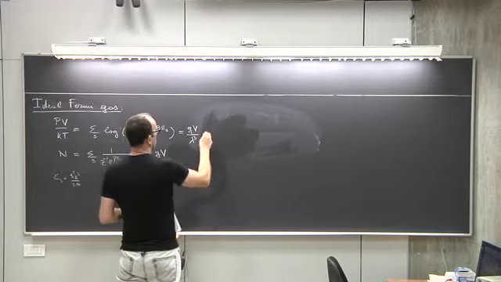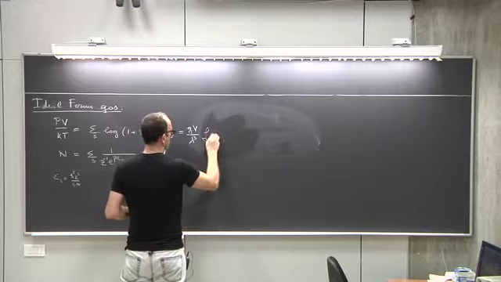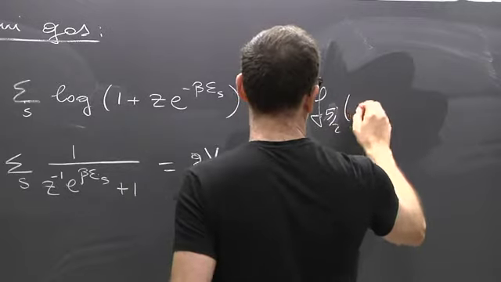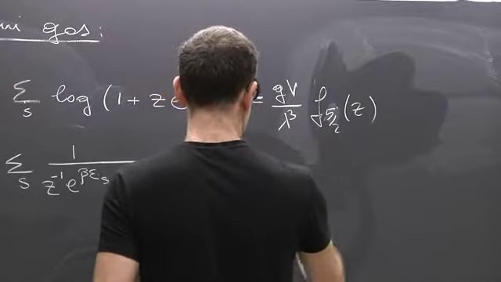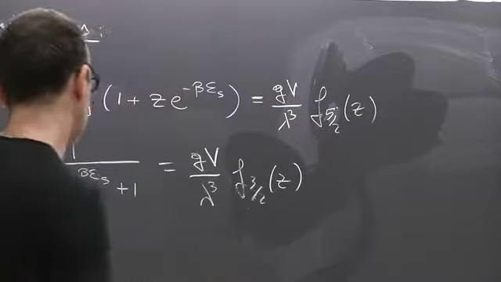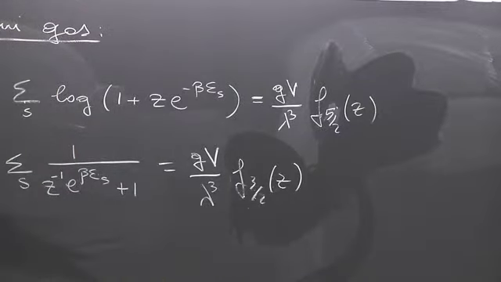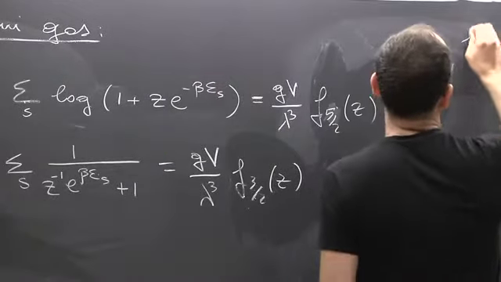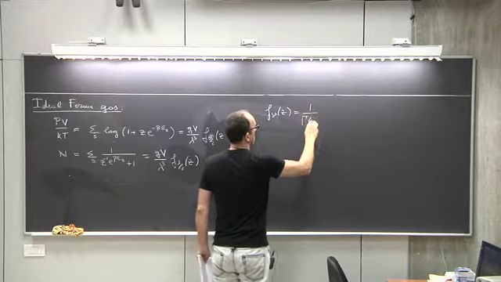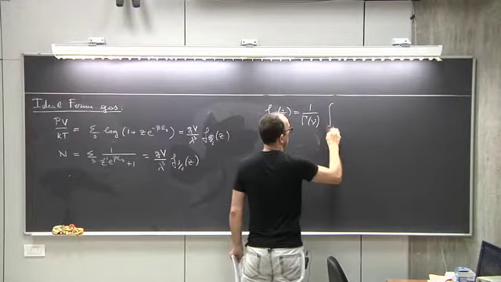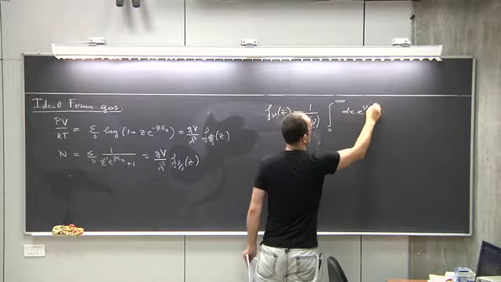So this is function f5 over 2 of z. This is f3 over 2 of z. There was a numerical factor missing where these functions f, so the function f nu of z is 1 over the gamma of nu times the integral from 0 to infinity dx x to the nu minus 1.